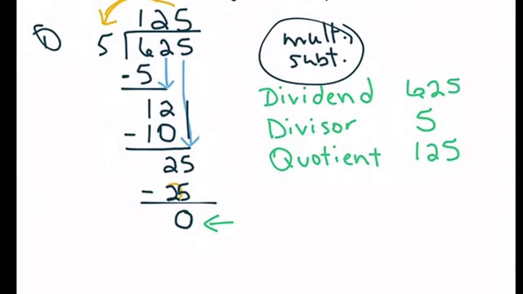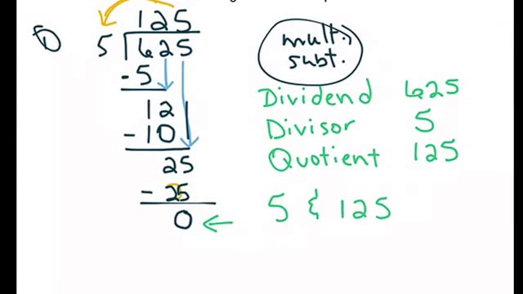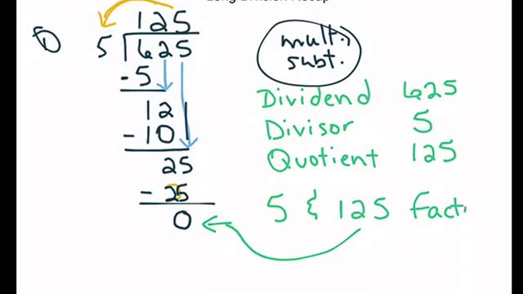Now, the question is, are 5 and 125 factors? We determine that by looking at that remainder. If the remainder is 0, then yes, these are factors of 625.